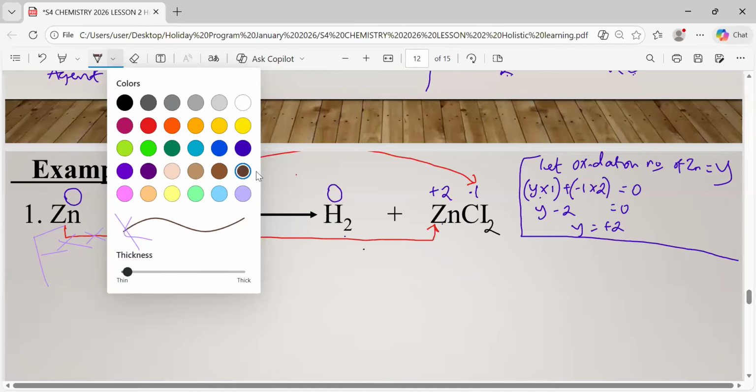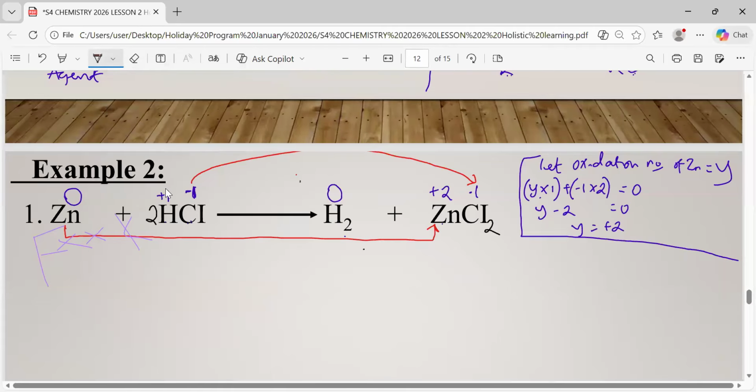You tell me. I'm trying to just show you what is happening. So between zinc and hydrochloric acid, which one is oxidized? Zinc is oxidized. Are you seeing why? Because its oxidation state is increasing, from 0 to +2.